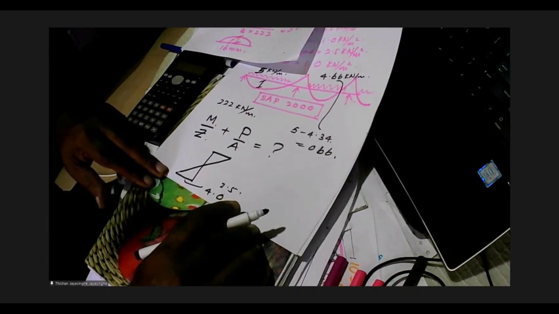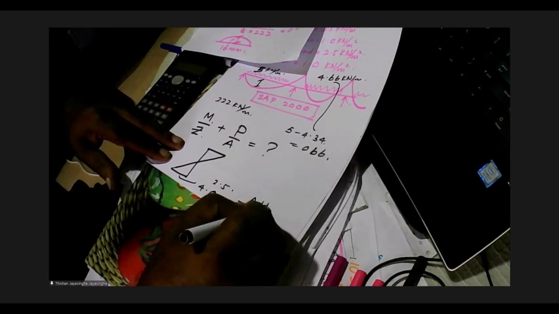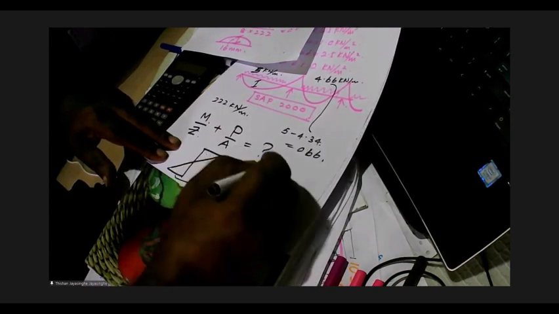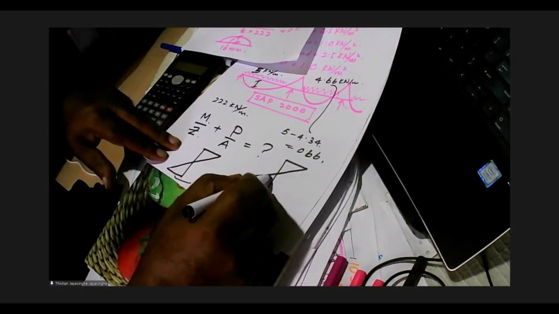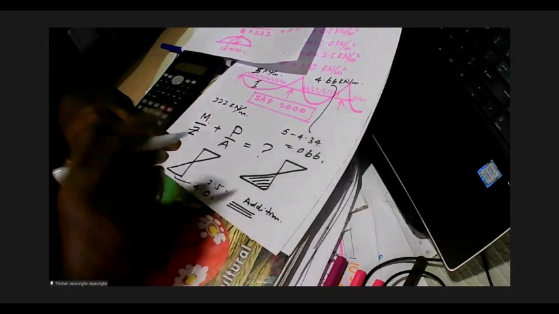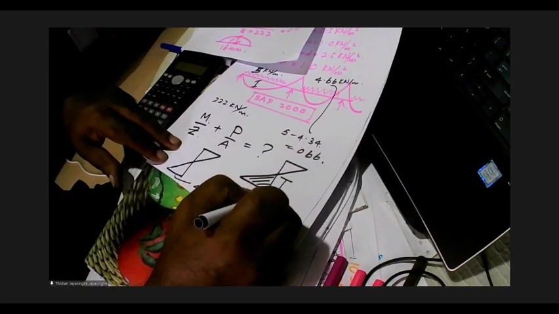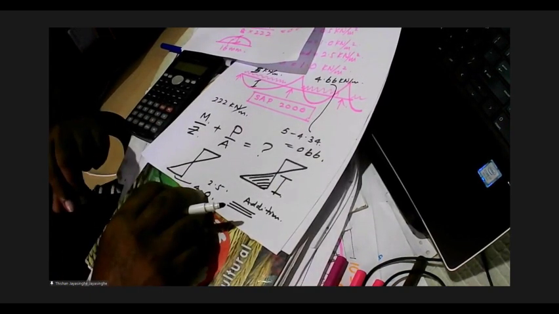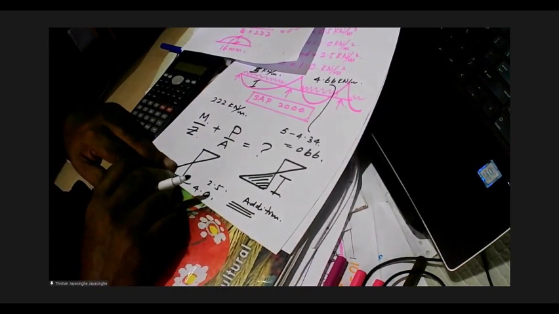So what we can do is provide some additional reinforcement. The additional reinforcement will be, we find the area of this diagram. From that we can find how much tension will act, and for that tension we'll provide some reinforcement.